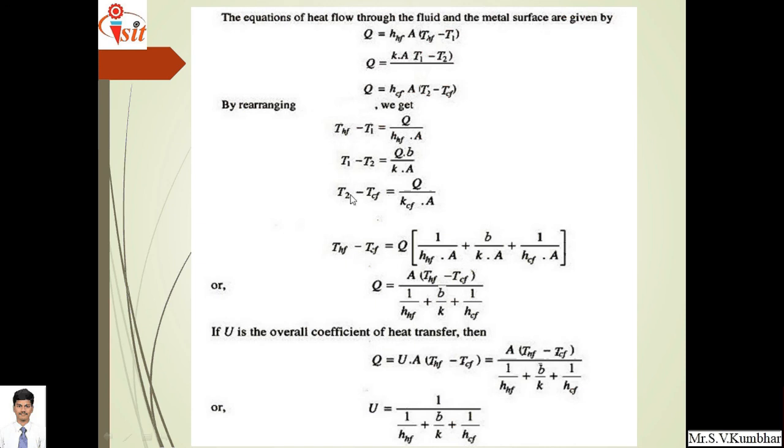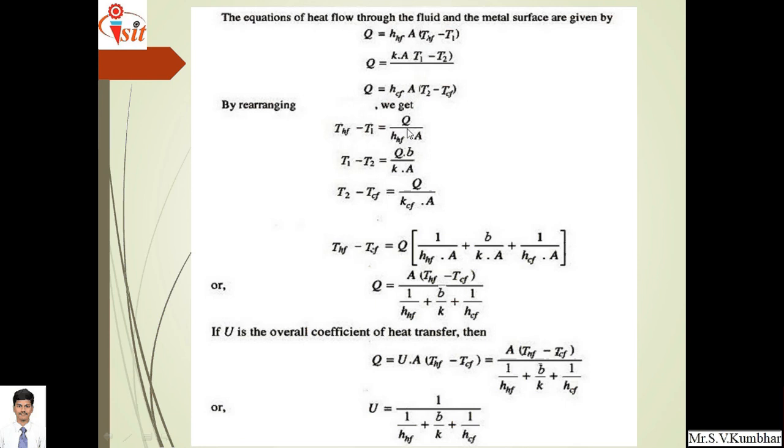So just rearranging these terms, THF minus T1, this HHF A is taken here, it will become Q upon HHF A. Similarly, this T1 minus T2, this B is multiplied here, Q into B upon KA. Similarly, this T2 minus TCF is kept, this HCF A is taken to the left hand side.